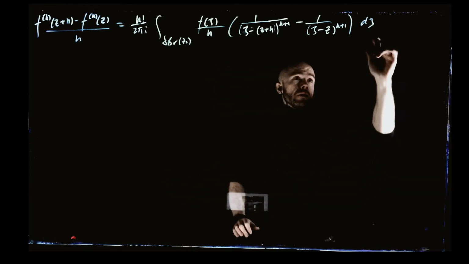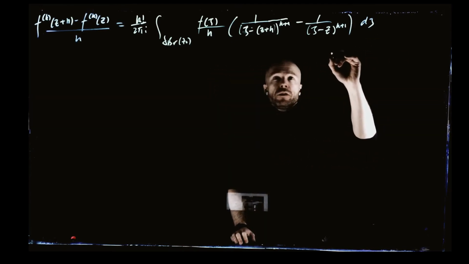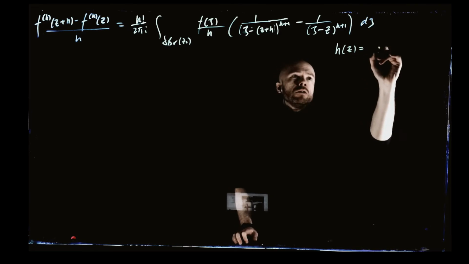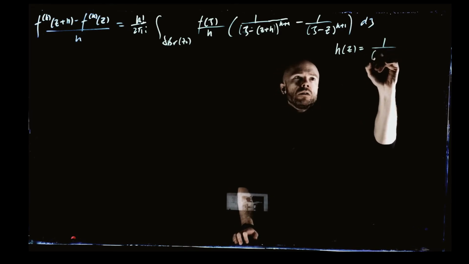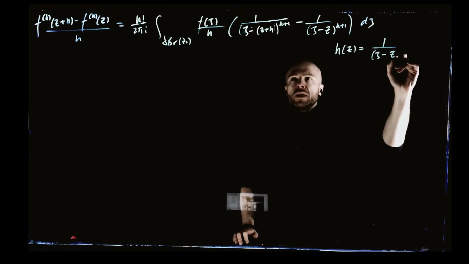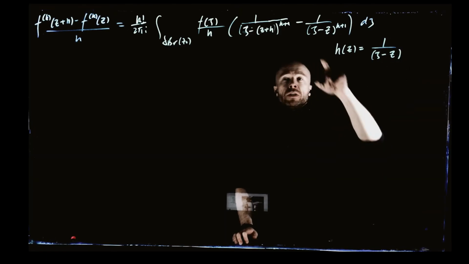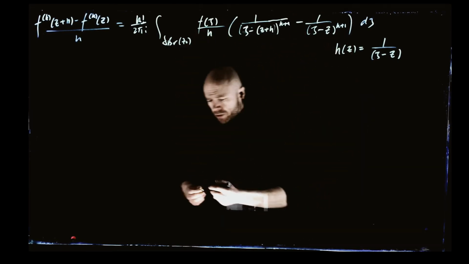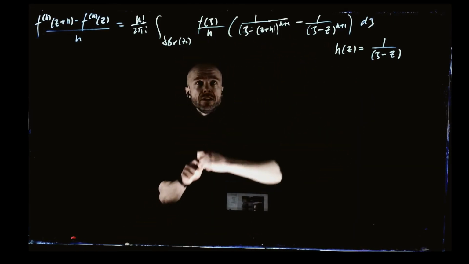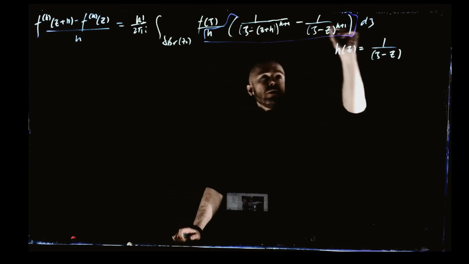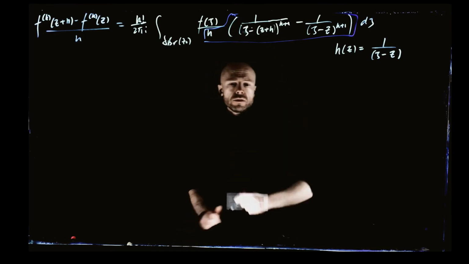If we had this function h of z equal to 1 over zeta minus z to the k plus 1, then as we pass the limit as h goes to 0 inside this expression here, all we would get would be the derivative of h.